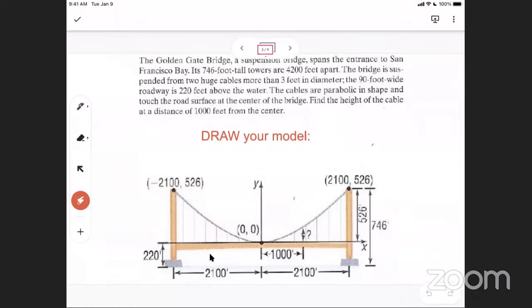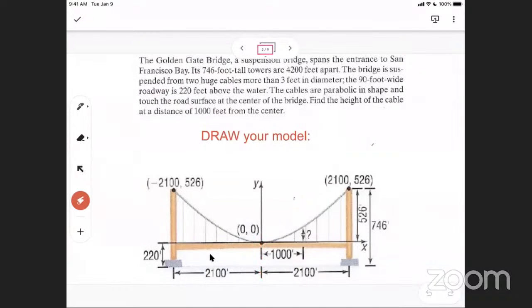So it says there are 746-foot tall towers 4,200 feet apart. So here's the tower right here, and the other tower, and here's the 4,200. Notice they're centering it at the bottom of those cables. So they're putting the origin at that cable, right in the middle of the bridge, which is obviously where it would be.